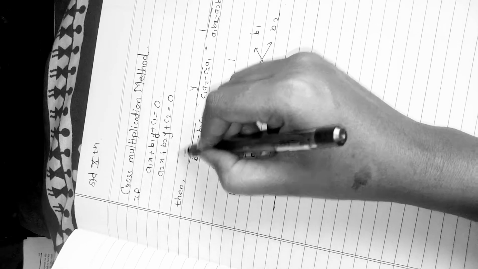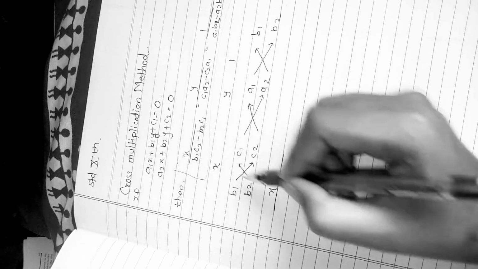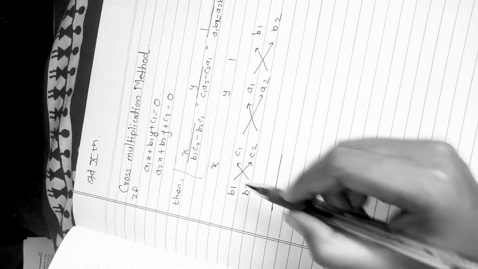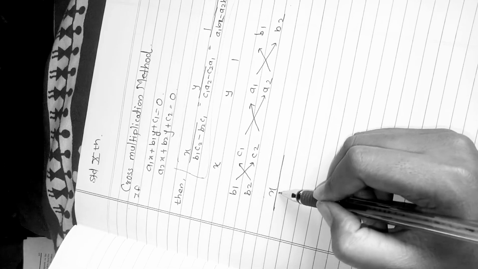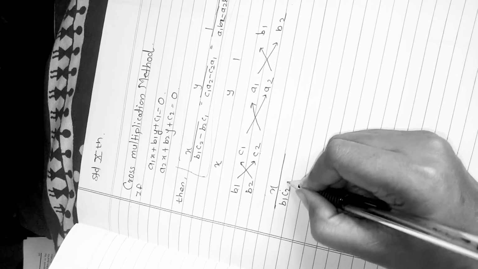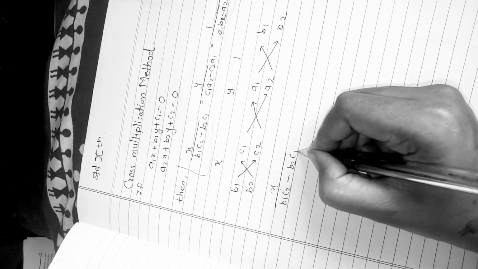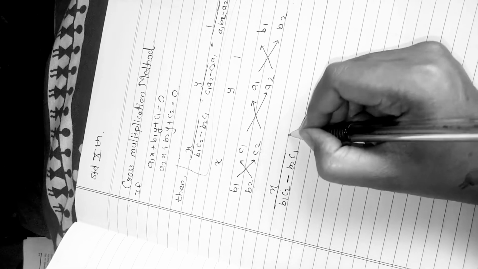We find this equation by using this diagram. You remember this diagram. Then x over b1 c2 minus b2 c1, here we take the sign minus, is equal to y.